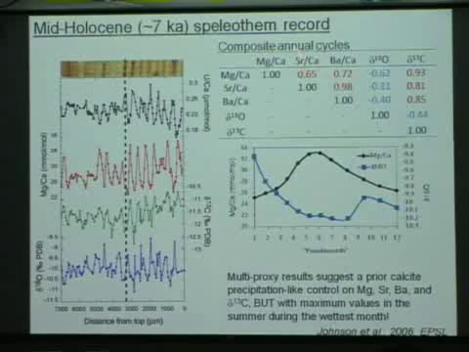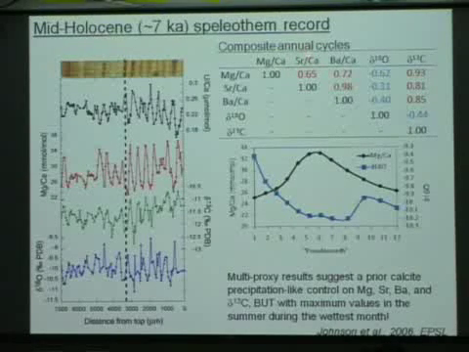And you can see here that there's a very strong positive correlation between magnesium, all the positive ones are in red, magnesium, strontium, barium, and delta C13 are all positively correlated quite strongly, whereas delta 18O is less strongly but negatively correlated with these proxies.